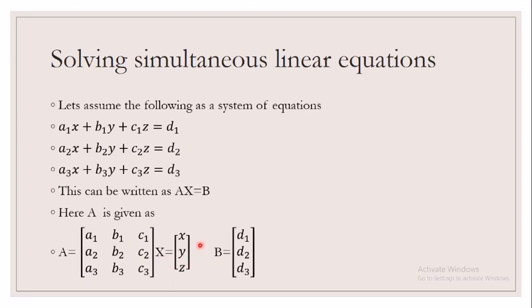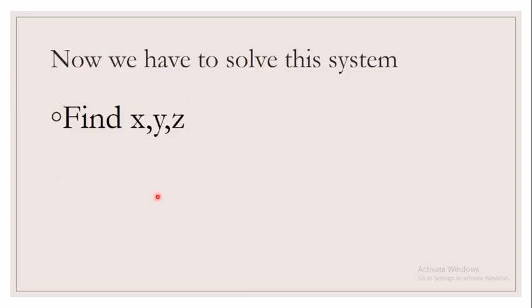Here X is equal to x, y, z, and matrix B is equal to the right hand side of the system of equations that is given. That is, in this case it is d1, d2 and d3. Now our aim is to solve the system, that is, to find the values of x, y and z.